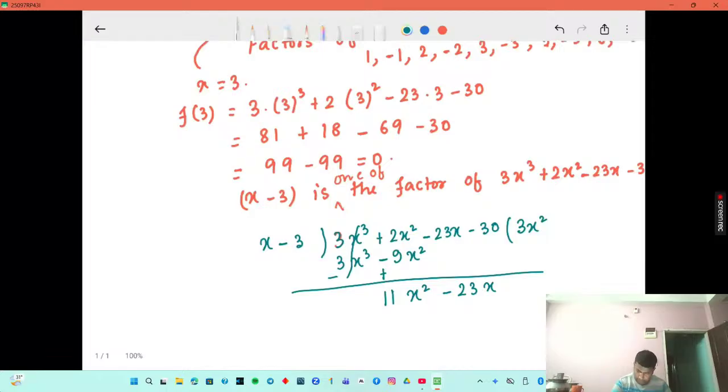Now plus 11x. So how much will we get? 11x square minus 20. 11 into 3 is 33x, minus 33x. So how much will it come?